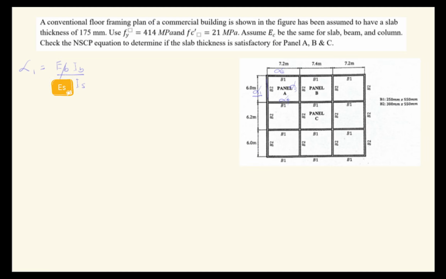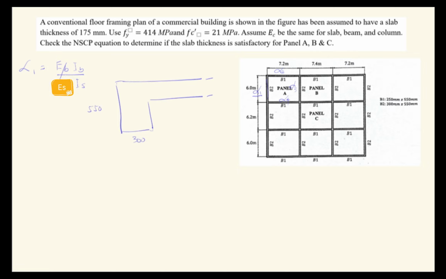So we have B2 with dimension of 300 mm by 550 mm. Okay. So suppose this is that cross section, that this is 300 mm, and that this is 550 mm.